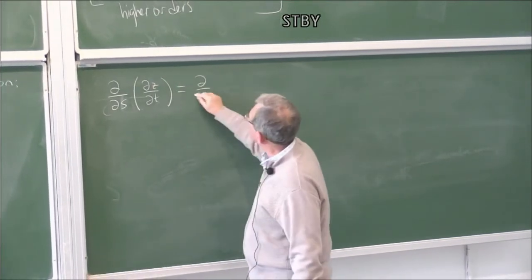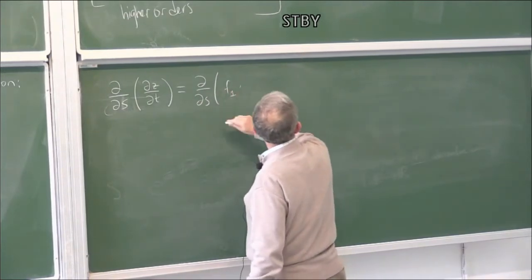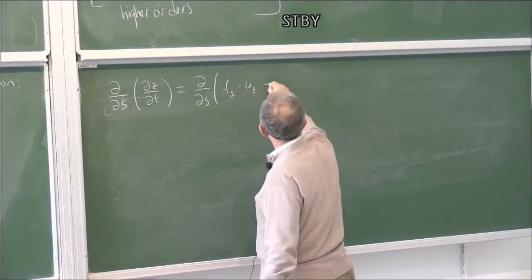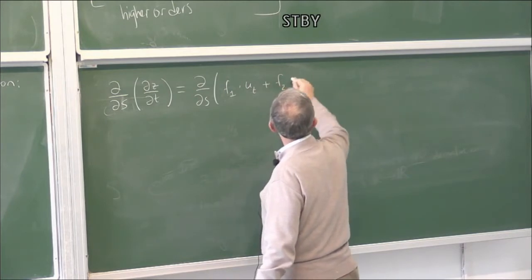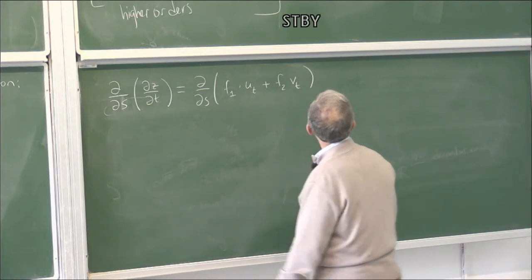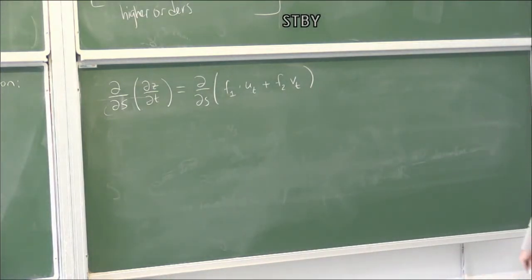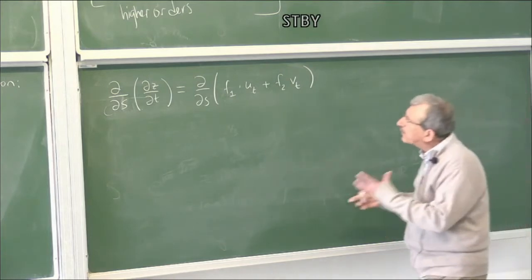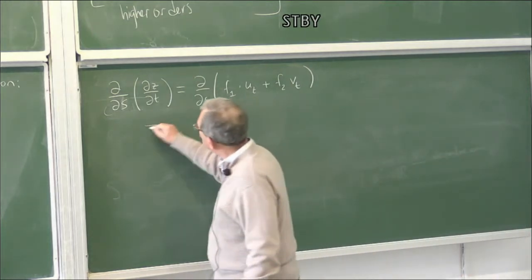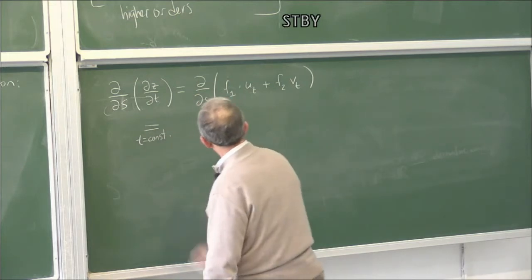So that would be, I'm copying from that, f1 ut plus f2 vt. Now to take the derivative with respect to s, of course t is constant.